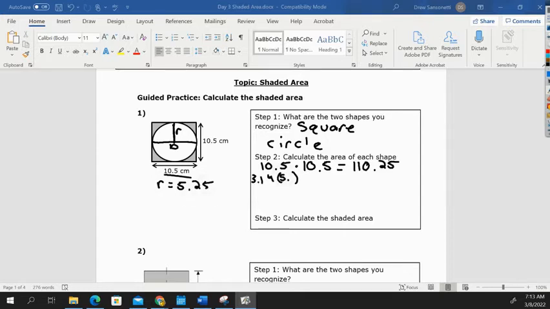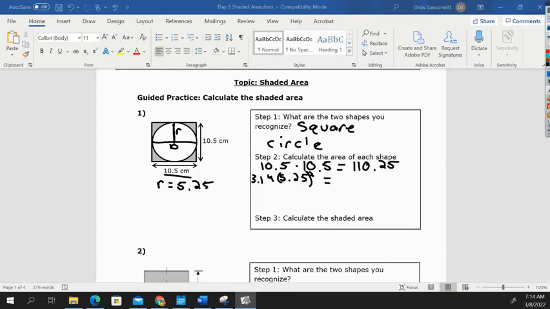Let me go back and make that a little bigger so I have more room to write. And we'll say 5.25 squared. All right, and then we'll find the area of that. So let's first go ahead and do that. 5.25 squared gets us a number that we're going to be rounding. And if you get a number like this, we'll always round to the nearest hundredth.